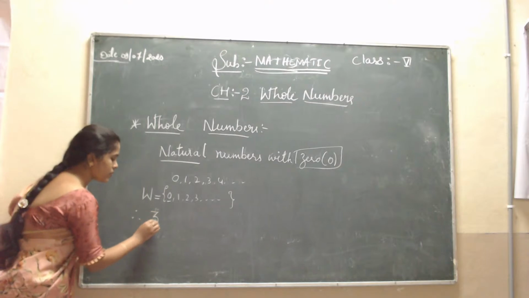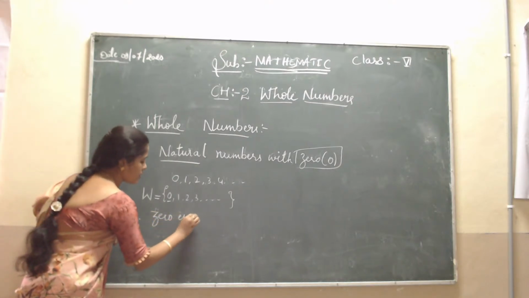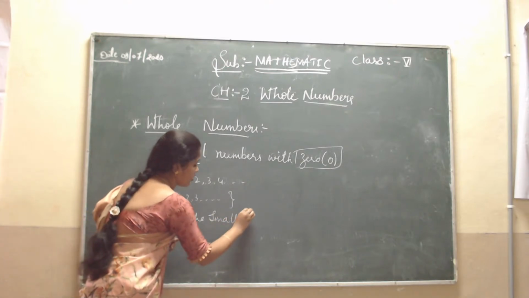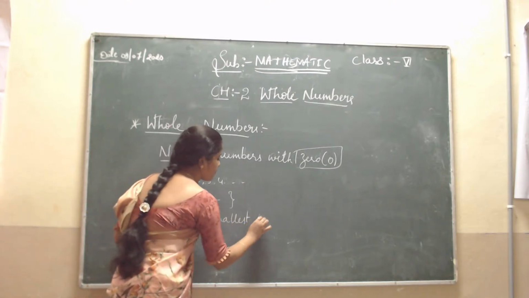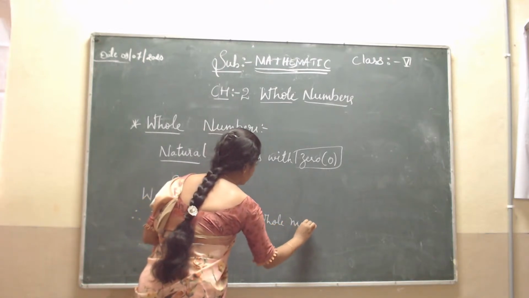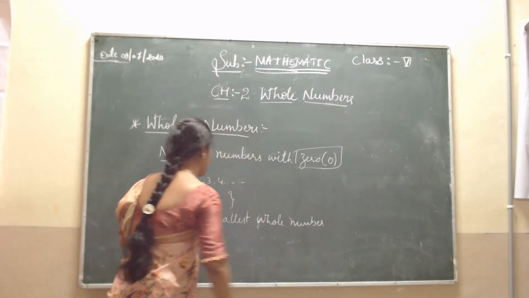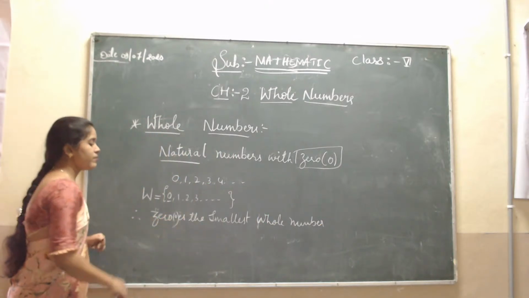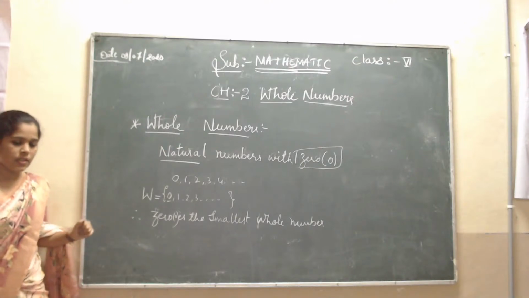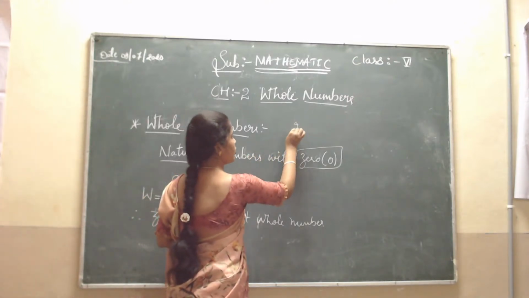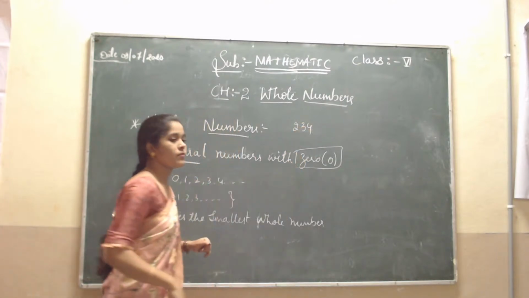Therefore, 0 is the smallest whole number. Here, 0 is the smallest whole number. Understood? See students, for example, 2, 3, 4.